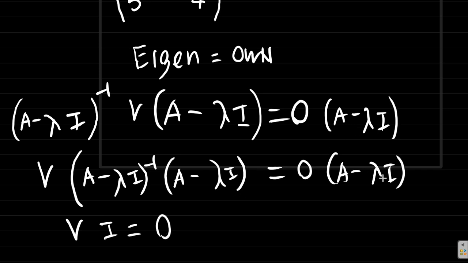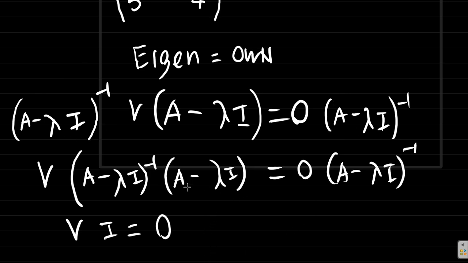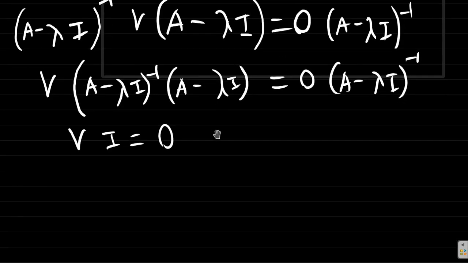We're multiplying both sides by the inverse of A minus lambda I. The inverse of the matrix times the matrix itself gives you the unit matrix, or the identity matrix. 0 times this gives us 0. Now, this would mean that V, the eigenvector of the matrix, is 0.